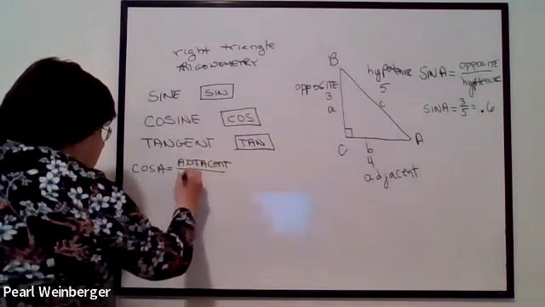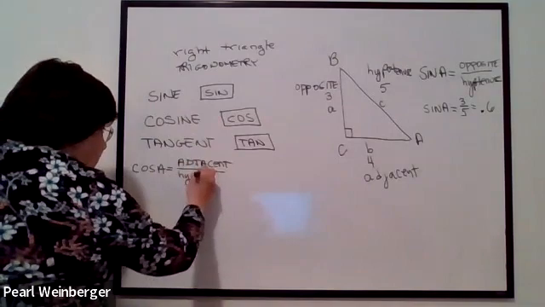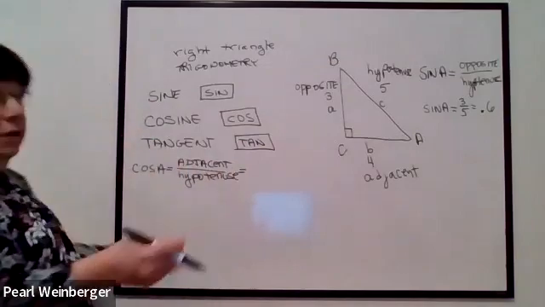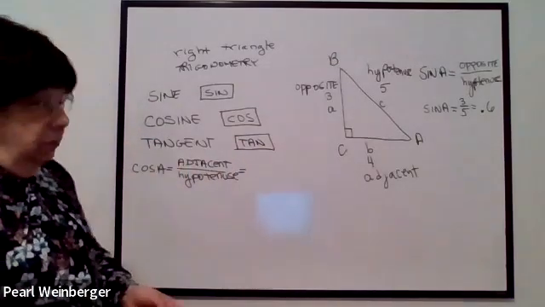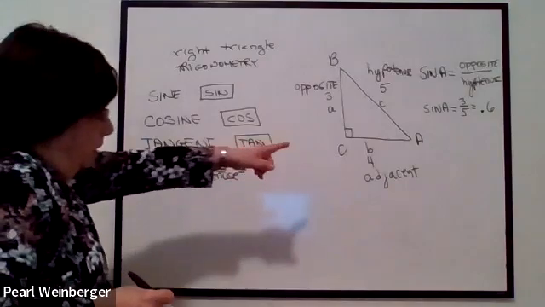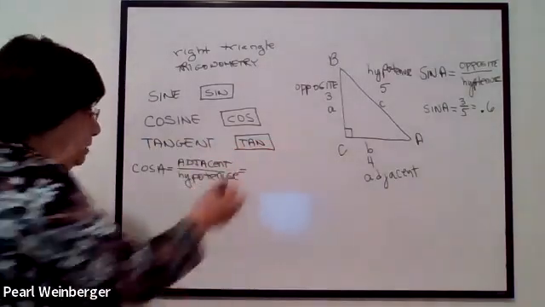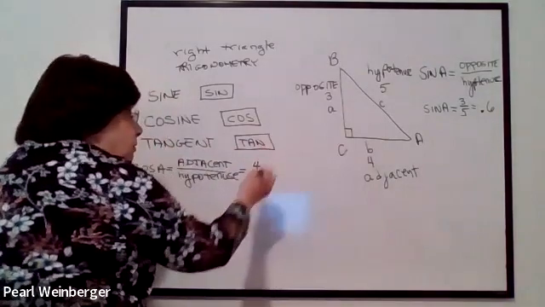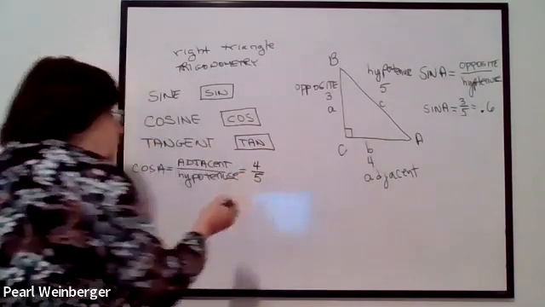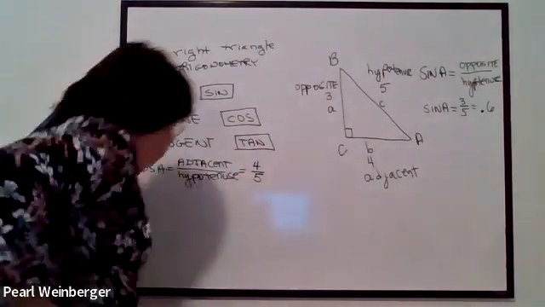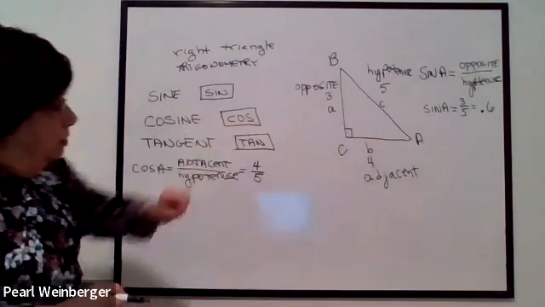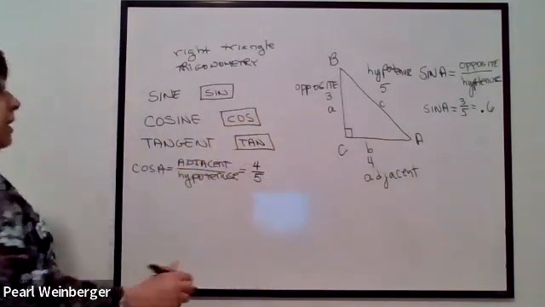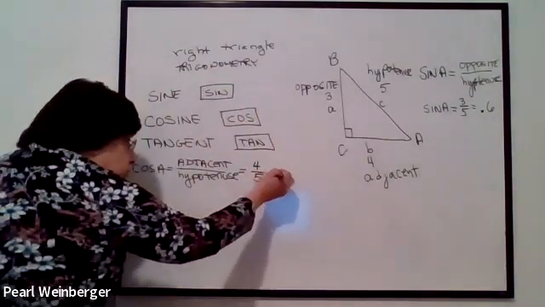Again, it is a fraction that you get by dividing one side of the right triangle by another. In this case, the adjacent side is 4, and the hypotenuse is 5. So the cosine of A is 4 over 5.